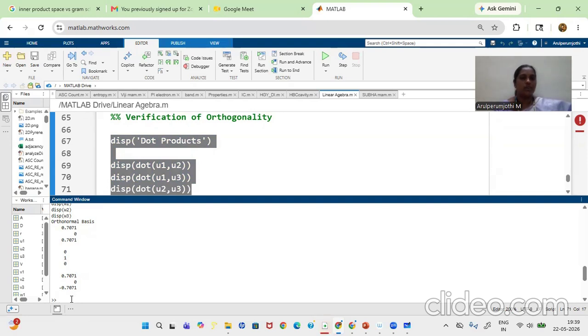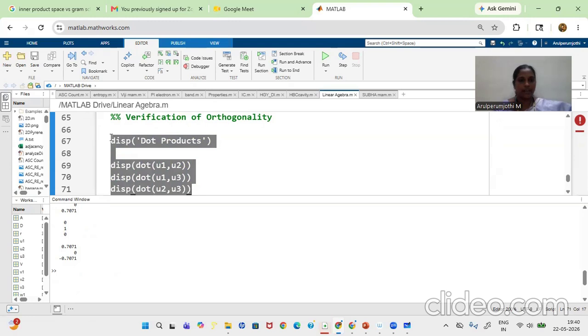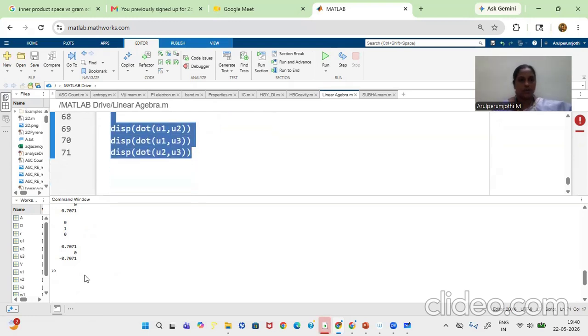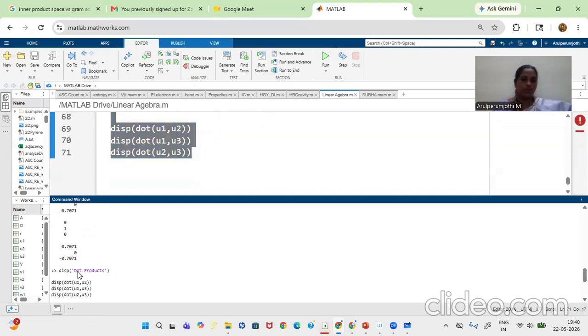Similarly, you have to check it for all three vectors. So the answers must be 0. If all the answers are 0, then it attains orthogonality.